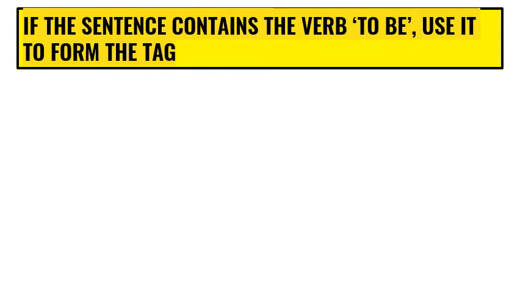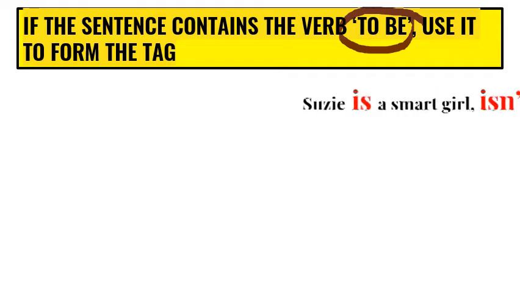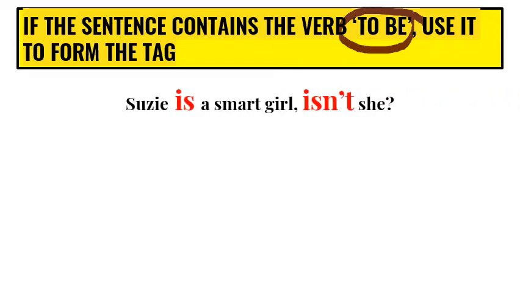How do I go about changing my statement into a tag? The first thing I'm going to look at is my verb to be. If my statement contains any form of my verb to be, we're going to use that to form my tag. Susie is a smart girl. You see, there is an example of a form of my verb to be.